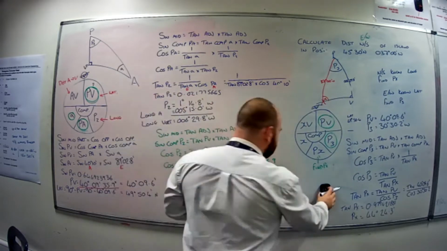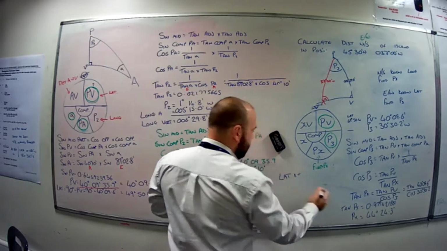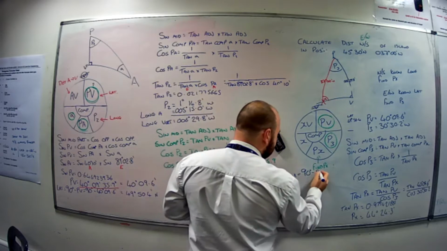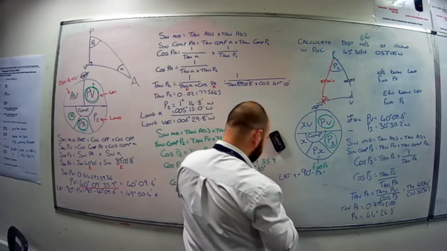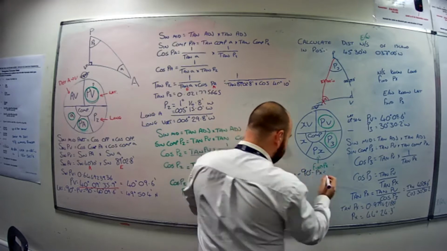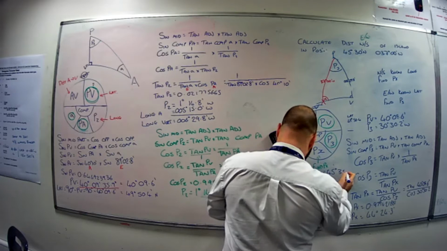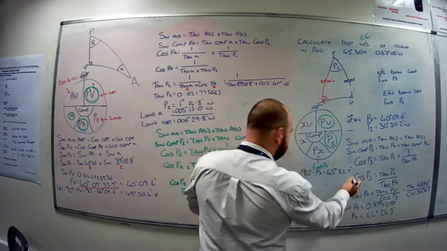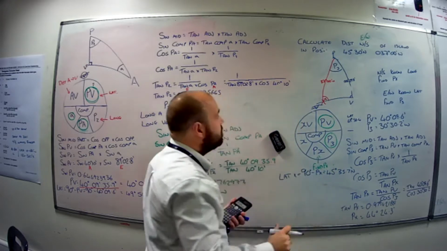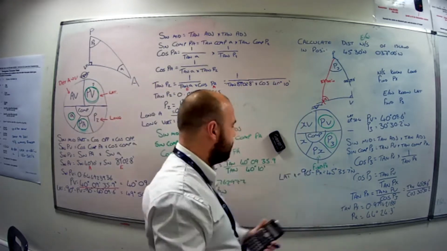So we know PX, so to get the latitude of X, it's just going to be 90 degrees minus PX, which is going to be 45 degrees 35.7 minutes north. So now we know we crossed the meridian of 37 west at 45 degrees 35.7 minutes north.